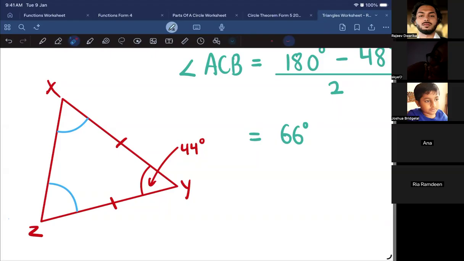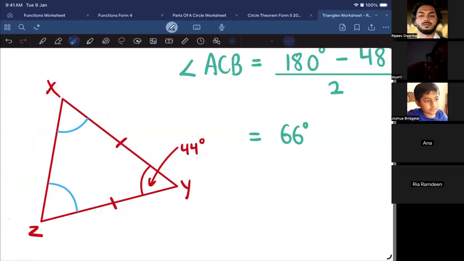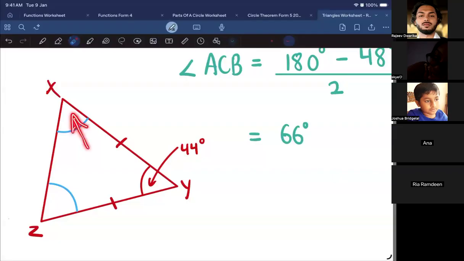Right? So if I take away 44 from 180, wouldn't that leave me with the sum of the other two angles? Yeah. And since it's an isosceles triangle, these angles are the same, right? So wouldn't the remaining amount just be divided by 2 to figure out what each of them is? Yeah.